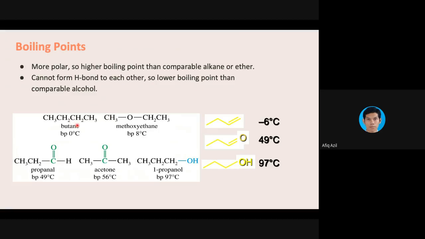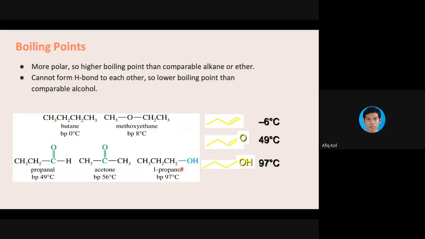For example, butane. This is an alkane, with a boiling point of 0 degrees Celsius. And this is an ether, methoxyethane, slightly higher. And then you have the aldehyde, propanal, increasing to 49 degrees Celsius. Then it becomes a ketone, and the boiling point increases slightly by 6 degrees Celsius, to 56.